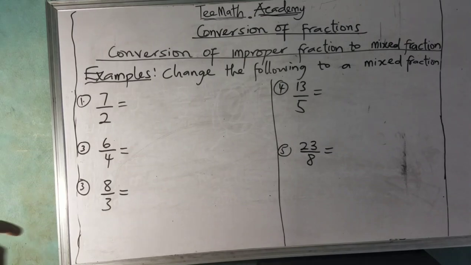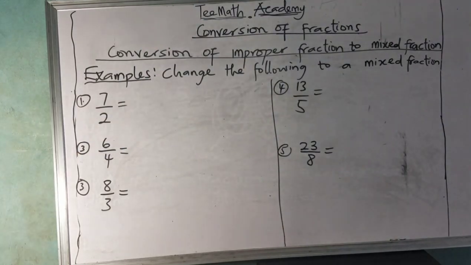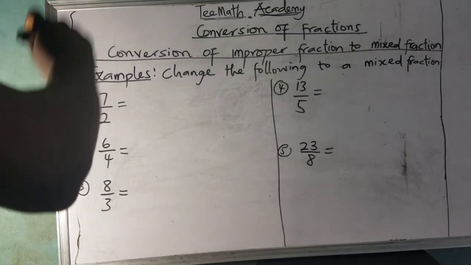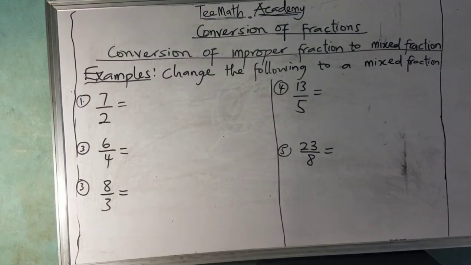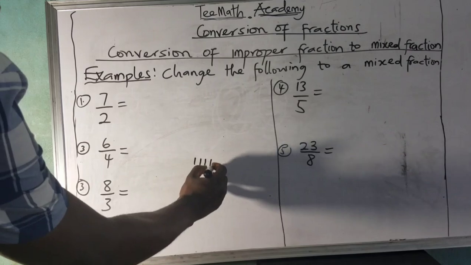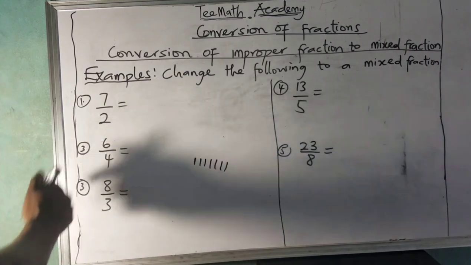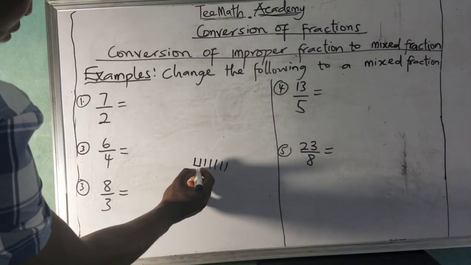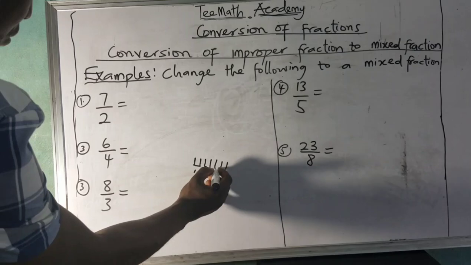Now, number 1, we have 7 over 2. I told you earlier that in any division, you count the numerator and use the denominator to divide. Here my numerator is 7. I will count 7: 1, 2, 3, 4, 5, 6, 7. Divide by 2. 1 time. 2, 1.